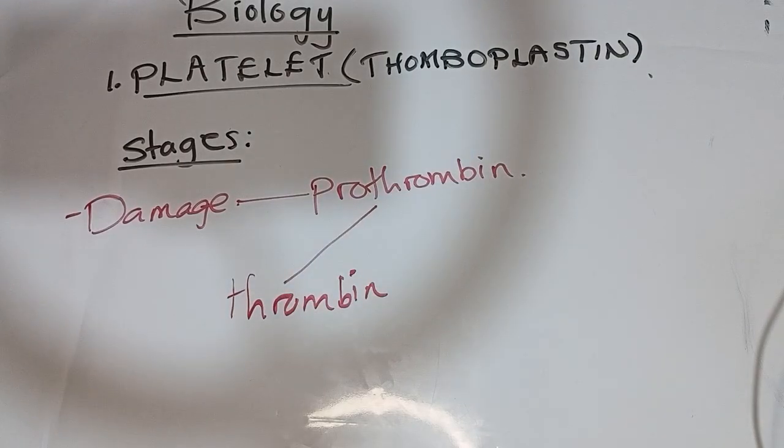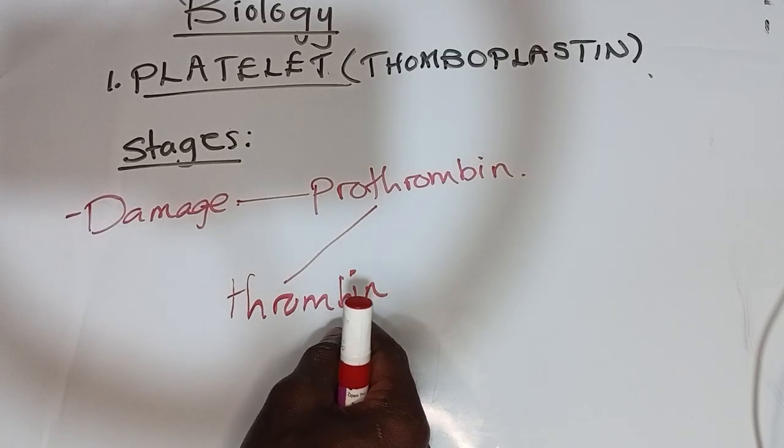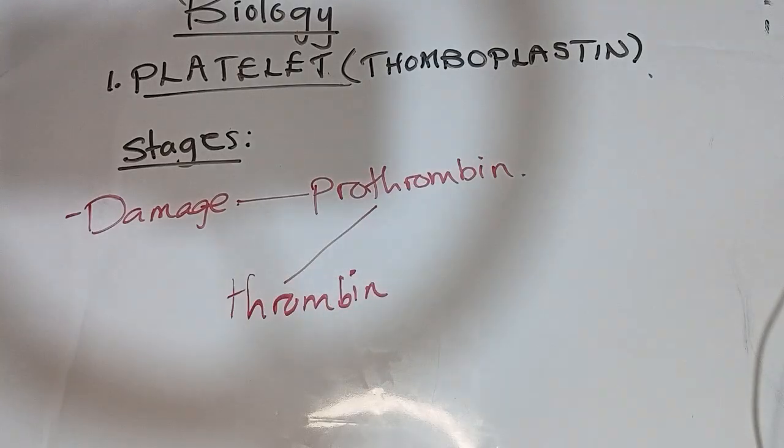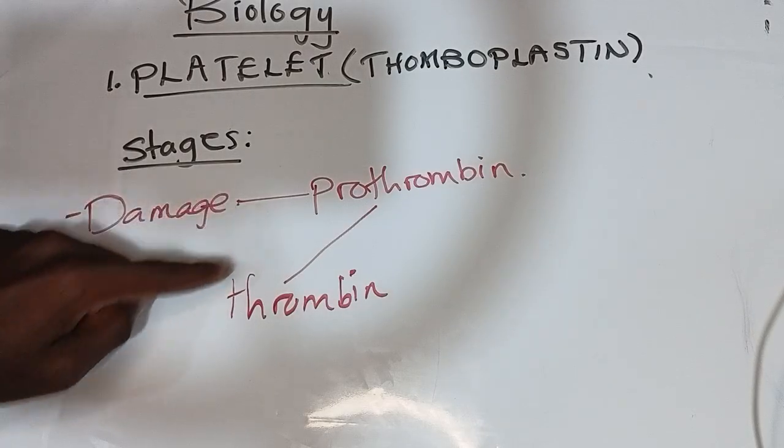So after acting with a plasma protein, we must understand what must be there for it to change from prothrombin to thrombin.